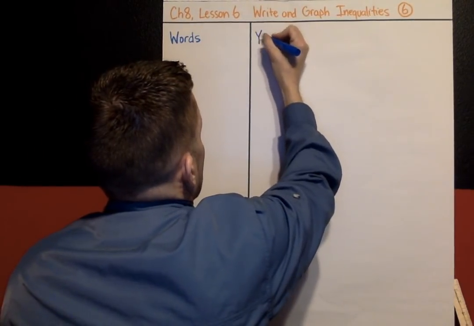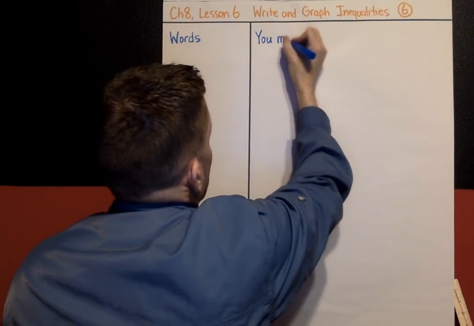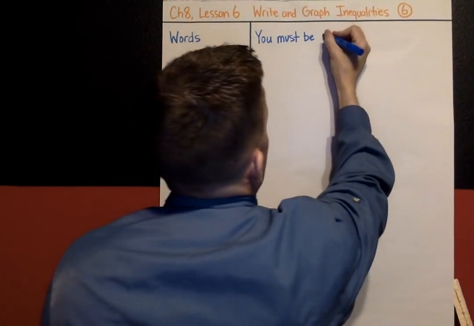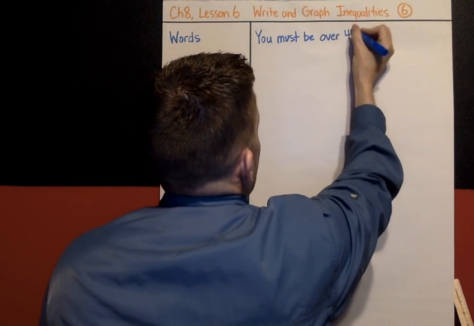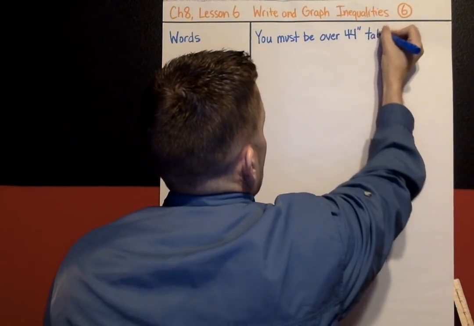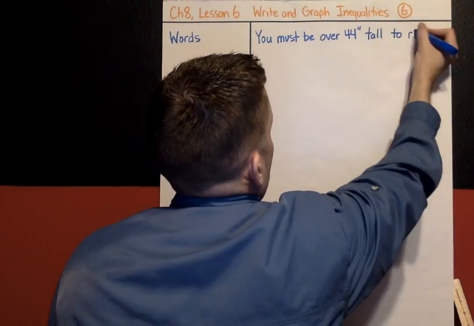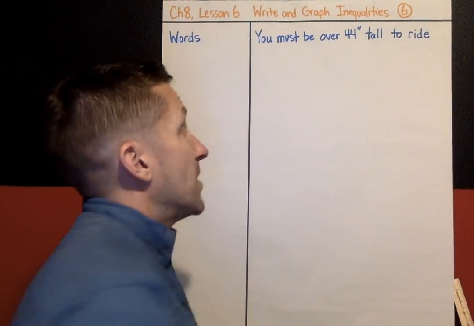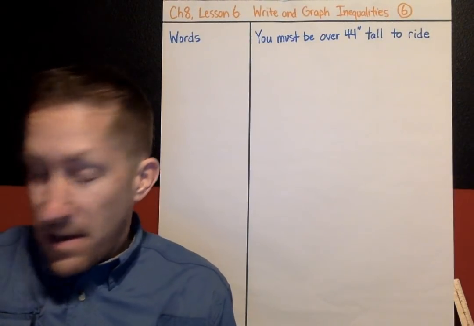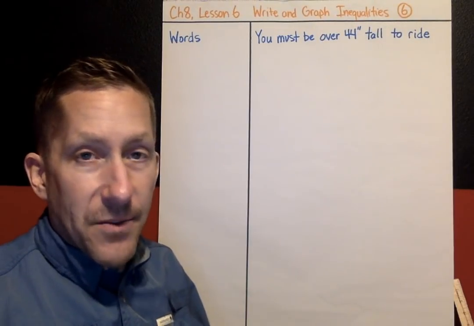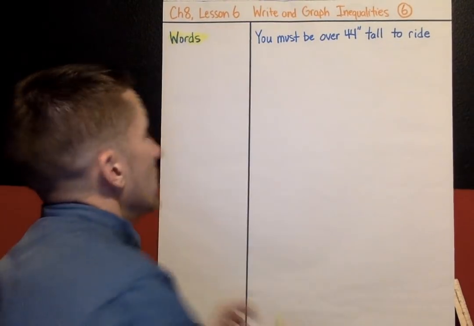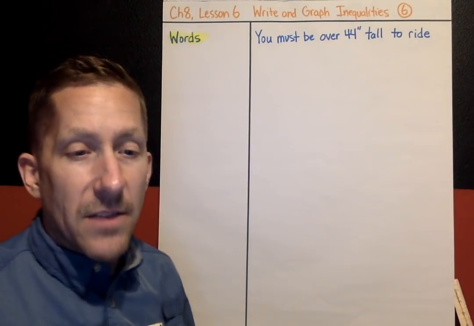So I'm going to write that down in words. You must be over 44 inches tall to ride. So that is an inequality that is written in words. So we're starting with words today, an inequality that's written in words.